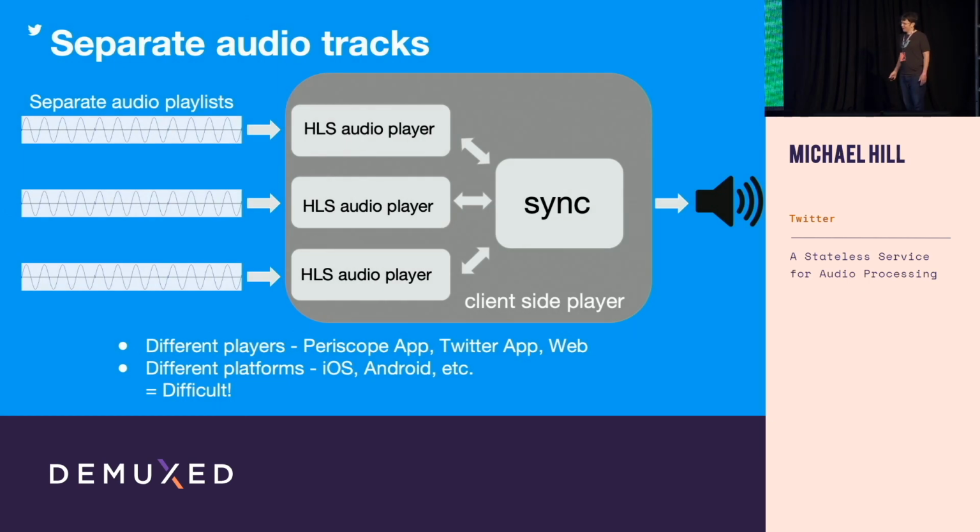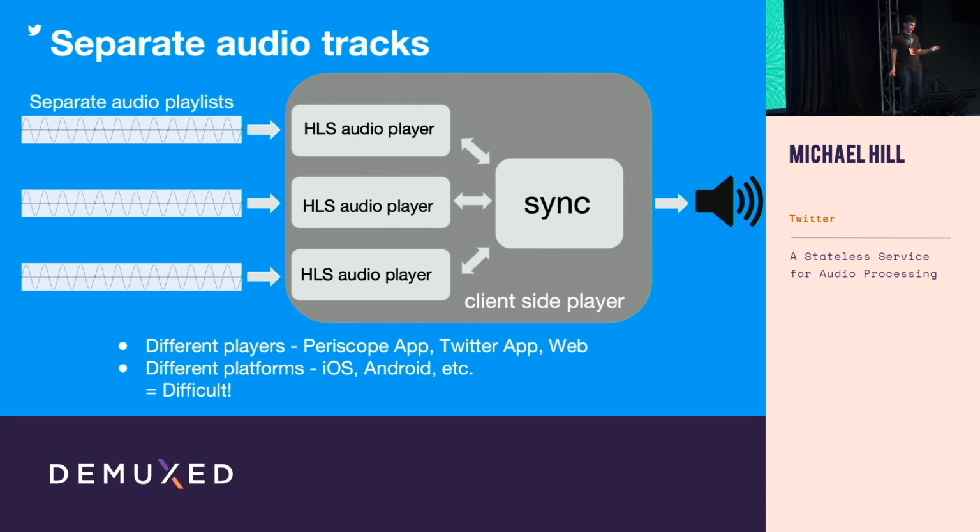So let's imagine we're going to try to do this on the player side. There may be some advantages to doing this. That would mean that you still have individual control over these streams at the player side. You might be able to mute an individual participant on the player side, since they're still separate. So how would we do this?